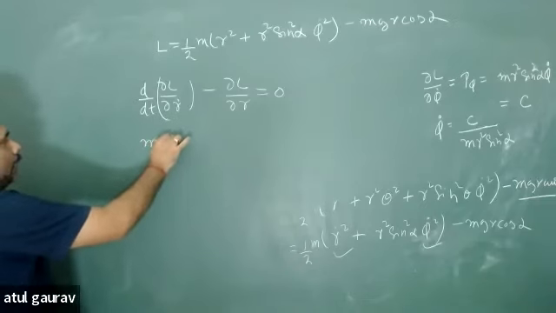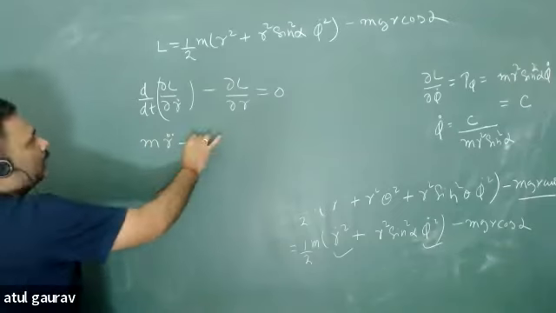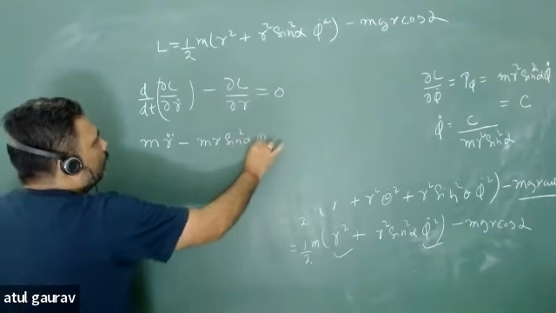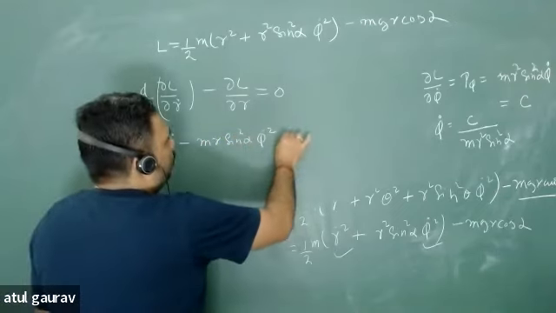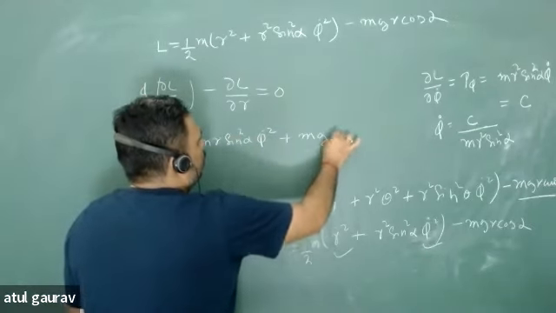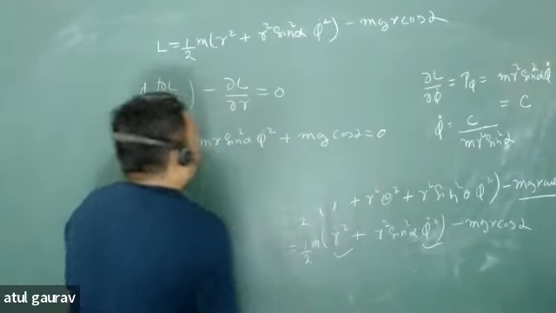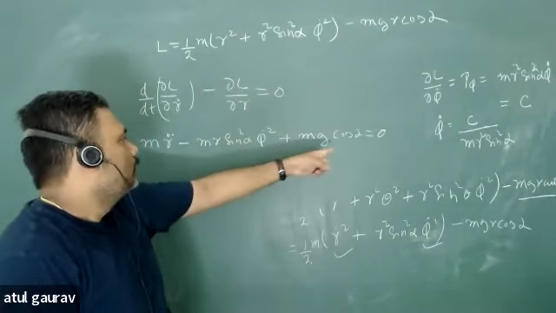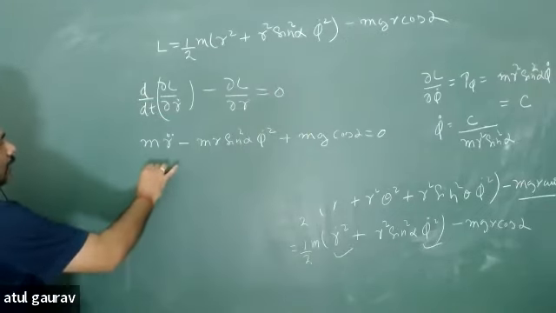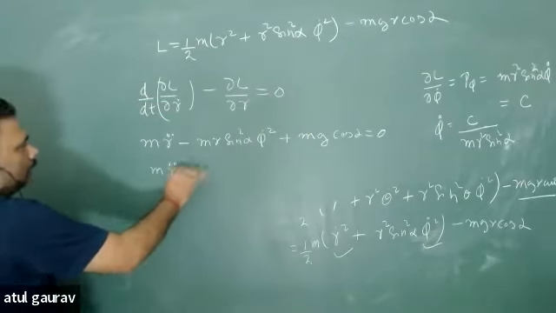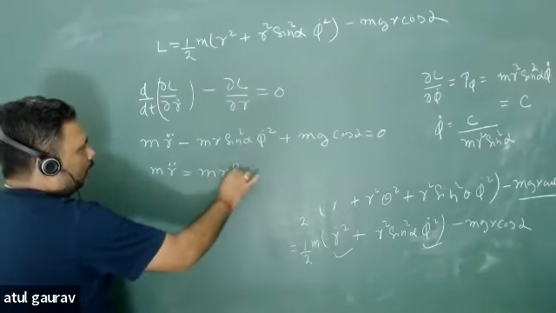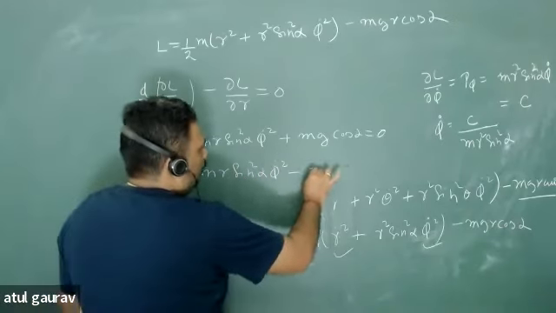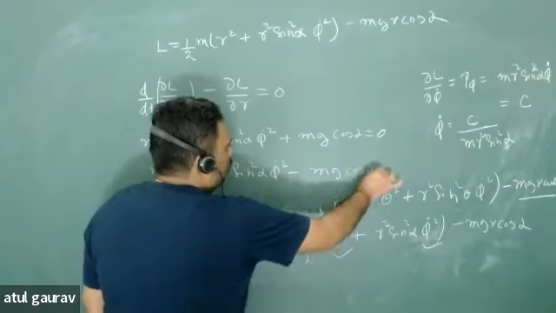This value will be m r double dot minus m r sin square alpha phi dot square plus mg cos alpha must be equal to 0. Del L upon del r you will calculate, that is minus. So this minus minus is plus. So this is your equation. So you can write this equation as m r double dot is equal to m r sin square alpha phi dot square minus mg cos alpha.